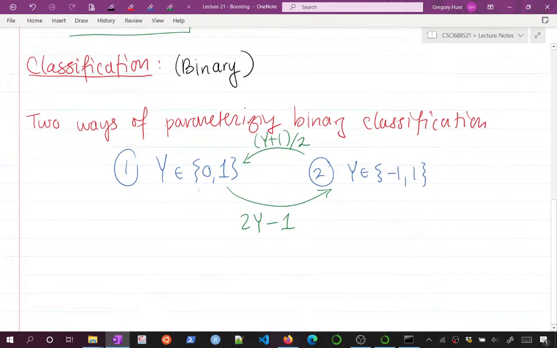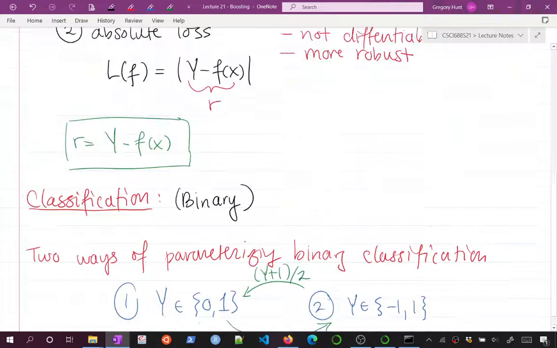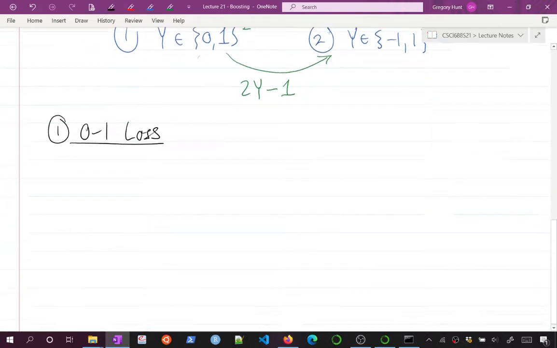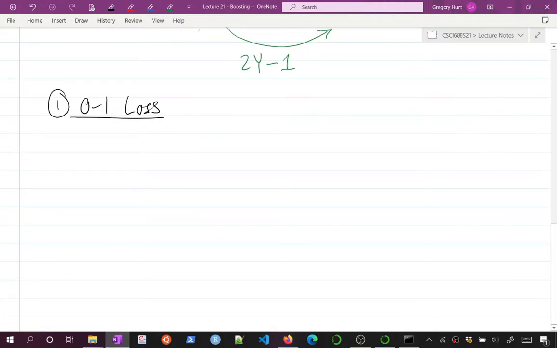So we want to talk about losses for classification here. The first primary loss we worked with was our 0-1 loss. And this is actually the only one we've seen so far explicitly for regression. This said that L of f was just an indicator that y is not equal to f of x.